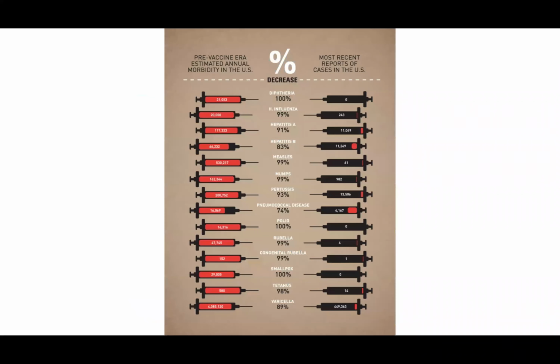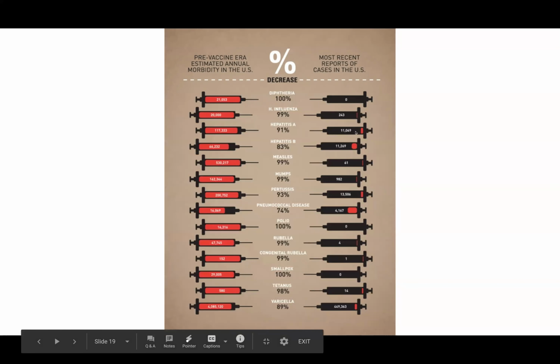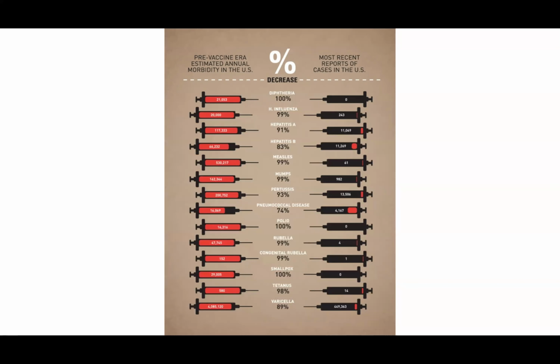If you want to look at the numbers and how effective they are at tamping down the incidence of diseases, we can look at the United States, the pre-vaccine era, estimated annual morbidity or mortality before the vaccine and after the vaccine. And I hope the syringe full of blood tells you, all these diseases see a significant decline over time.